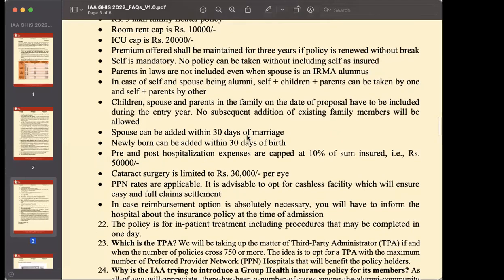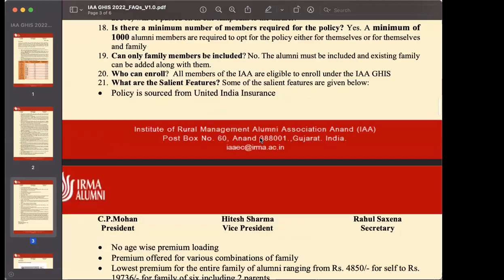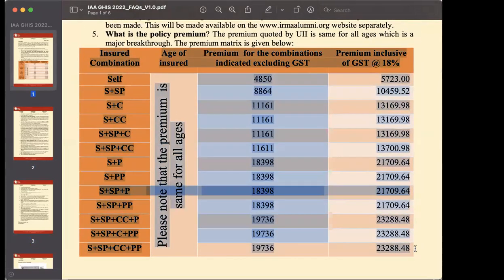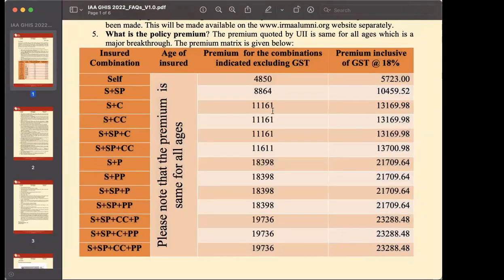Then this particular premium that we are paying, that we have seen here in this table, has been negotiated in such a way that the insurance premium will remain the same for the coming 3 years. So whether you claim or you don't claim, the insurance premium remains the same, which means that there is no claim bonus.